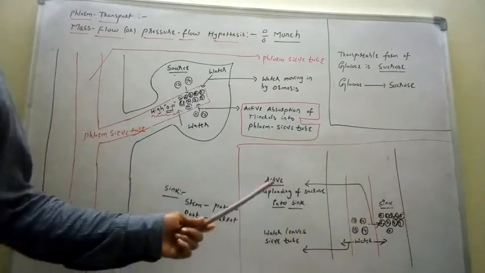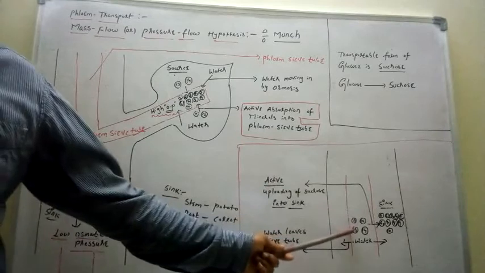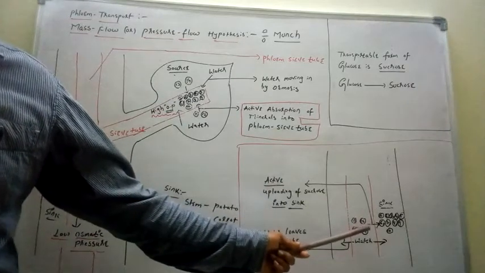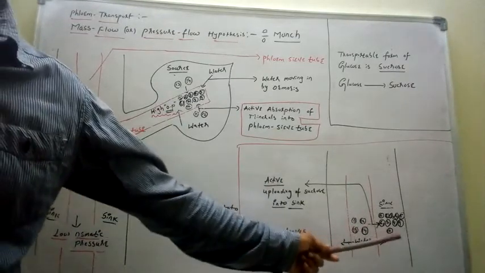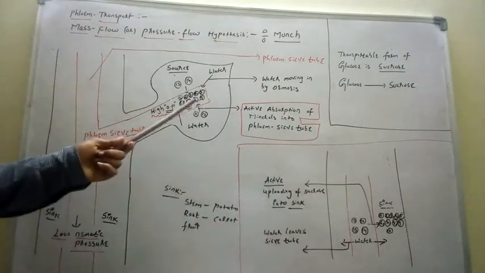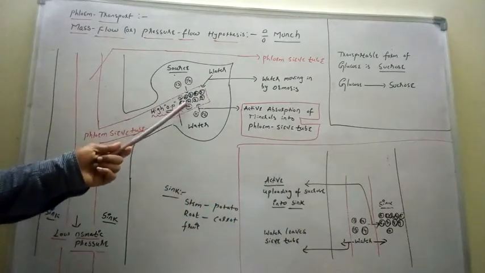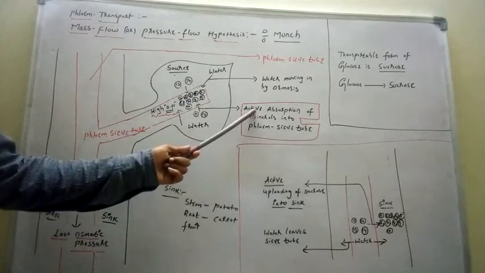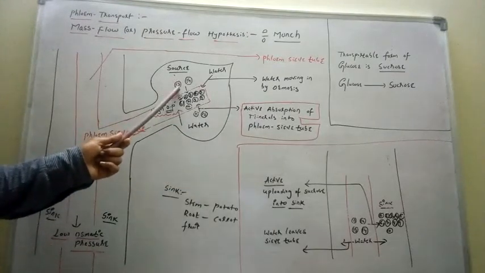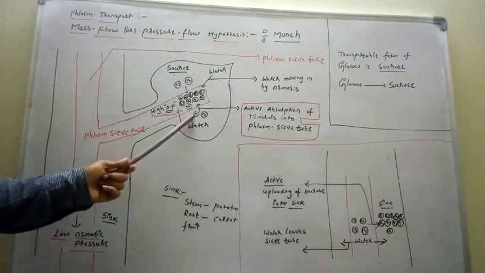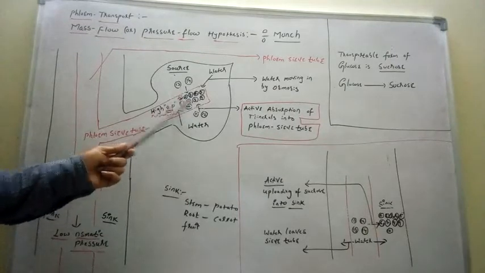Here also active transport of sucrose molecules is taking place from the sieve tube into the sink. Here also from source into the sieve tube, active transport. I repeat, the movement of the sucrose molecules from source into the sieve tube is active transport or active absorption.